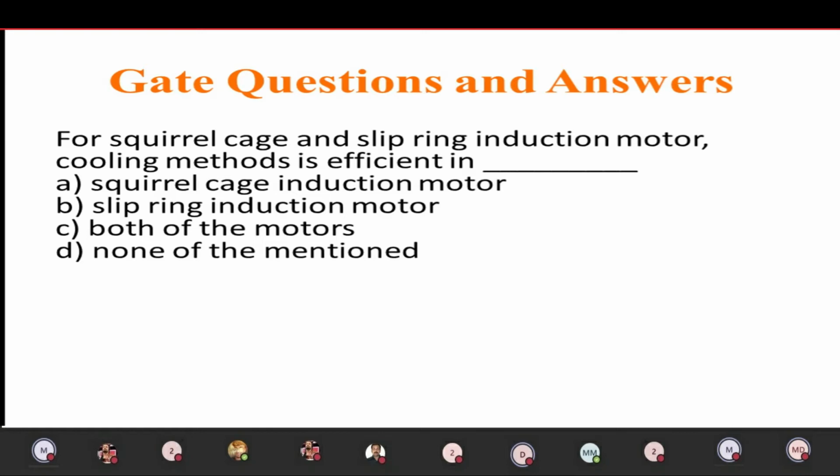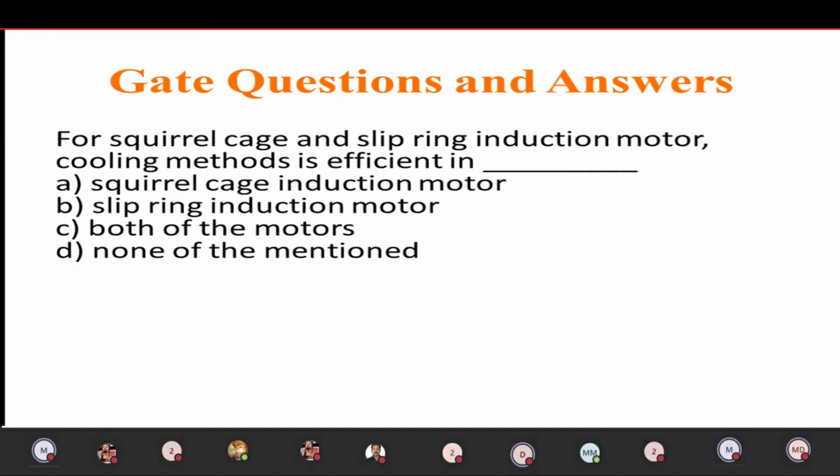Once the temperature rises above the safety level, it will damage the insulator. So we must protect the machine by maintaining the temperature as low as possible. Due to that, we must remove the generated heat from the machine to the atmosphere. That is our first task.